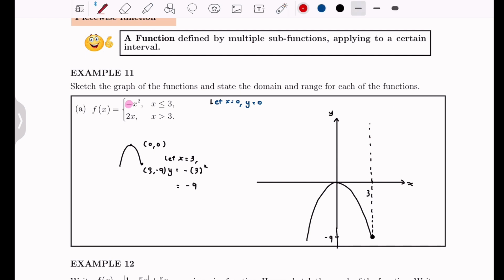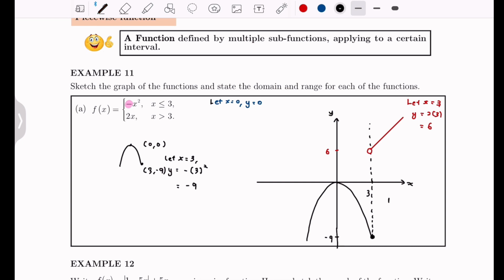So let x equal 3, y will be 2 times 3, which equals 6. So this is 6. Since x is greater than 3, x doesn't include 3. So for the straight line, we're going to have an empty circle at x equals 3. Then we draw the straight line. So this is our graph.